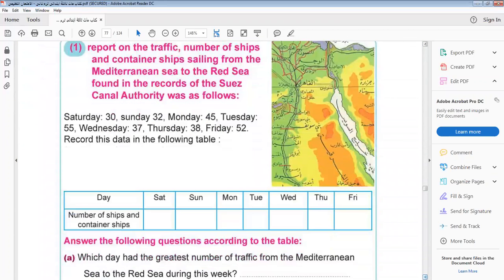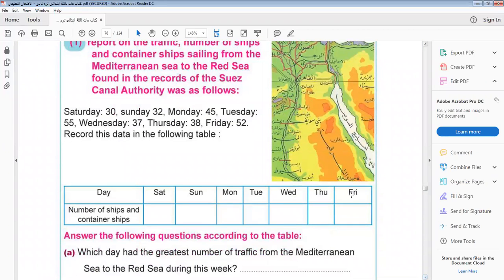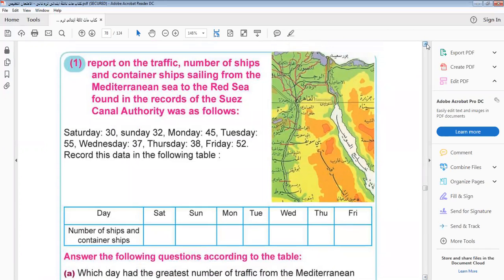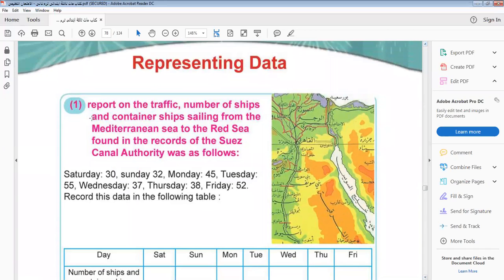Here, how to represent data. Okay. Report on the traffic, number of ships and container ships sailing from the Mediterranean Sea to the Red Sea.